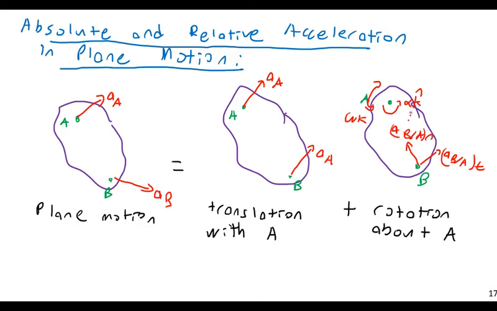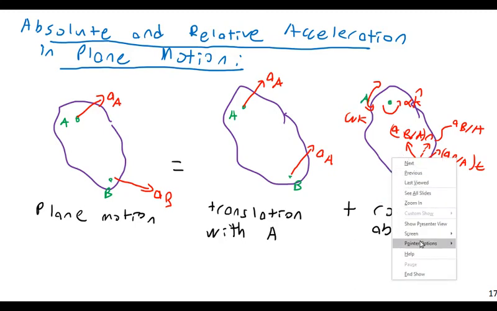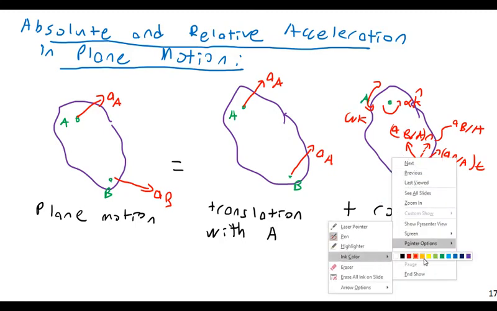And then these two would form the components of the overall acceleration of B with respect to A here. And then we'd have a radius from A to B. And we'll go through some of the math of this.